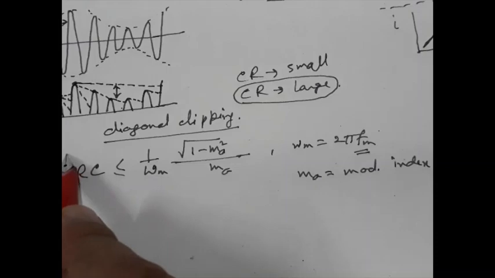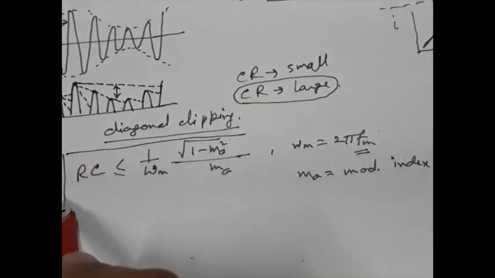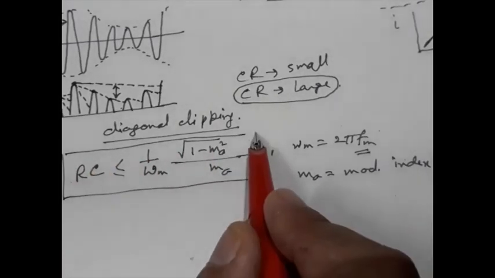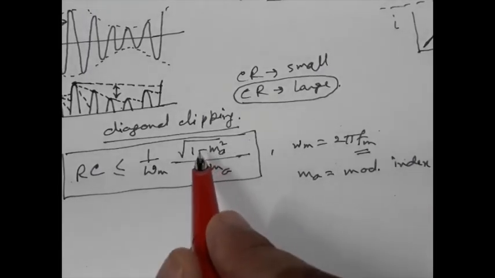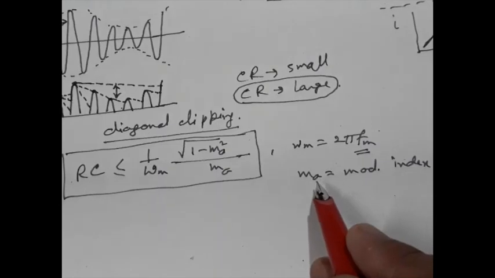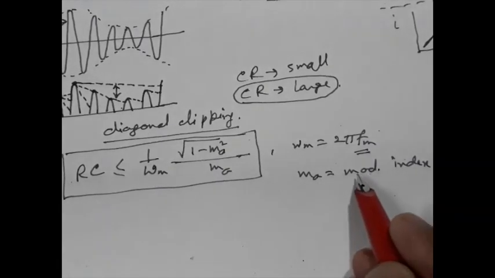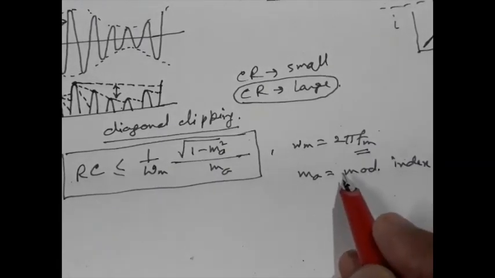Well, this particular analysis is true only for single tone AM, and not only that, it is true only for Ma less than 100%. That means modulation index less than 100%.